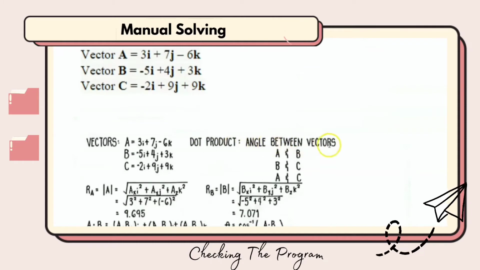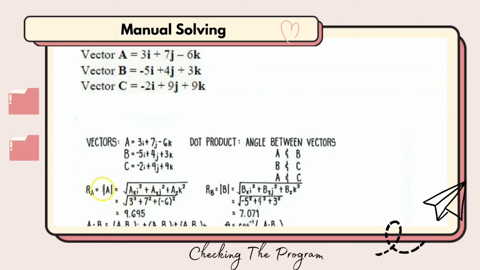In the first problem, which is getting the angle between two vectors, first let's try vector A and vector B. In getting the angle between two vectors, let's first get the magnitude of the vectors.